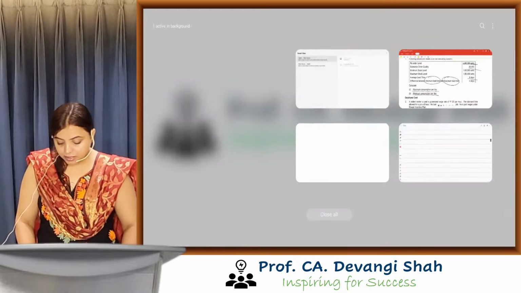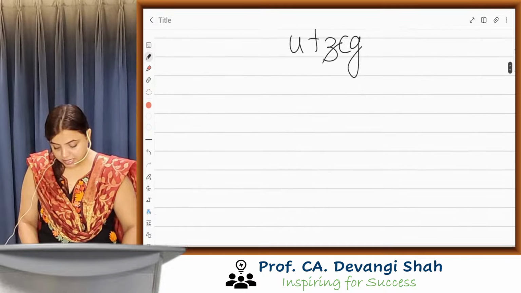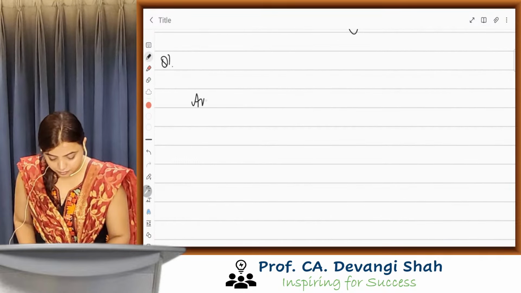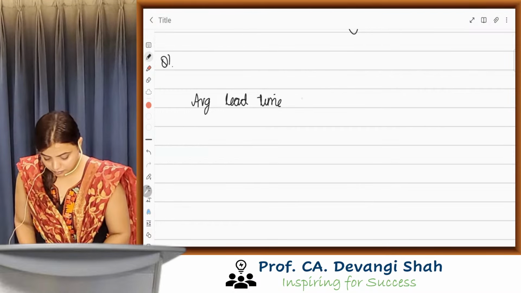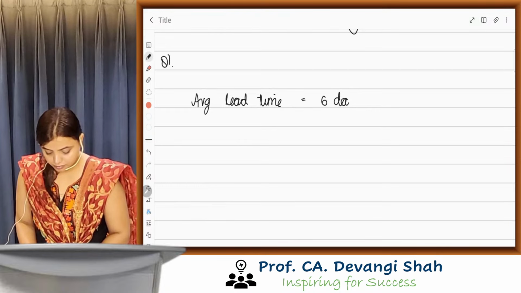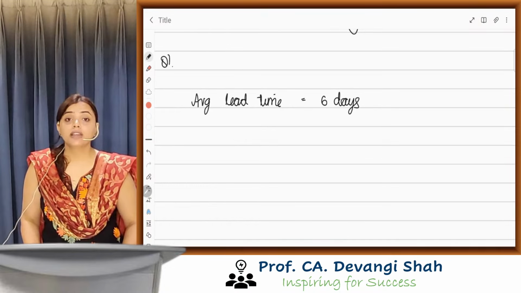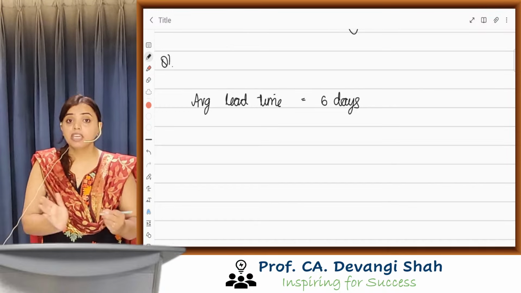So friends, we are given that average lead time is 6 days. How do we find out the average lead time if not given?